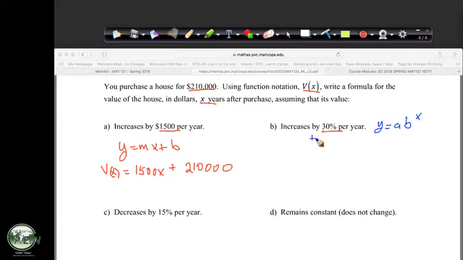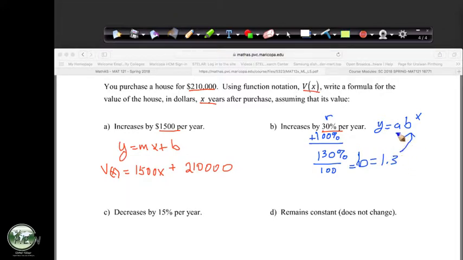I like to add 100% first and then divide by 100 to turn it into a decimal. You could do it the other way, but I like to just add. This is the rate. I add 100%, so 130% is where I get my base from. I divide by 100, and that gives me the base: b equals 1.3, or 1.30 if you want.